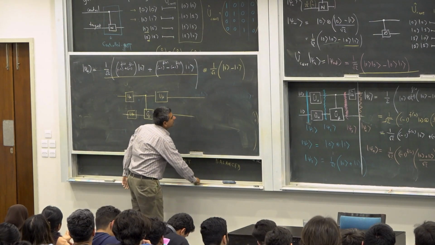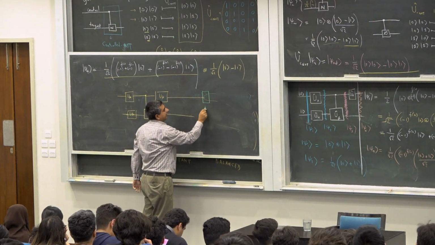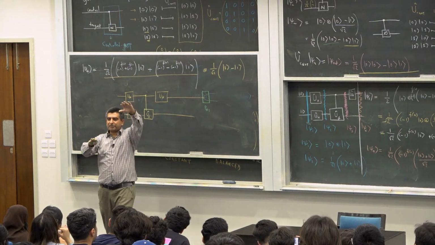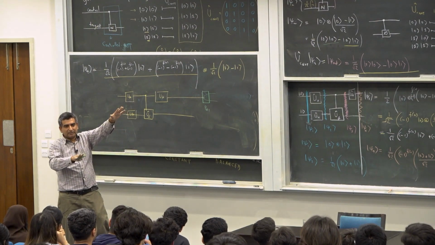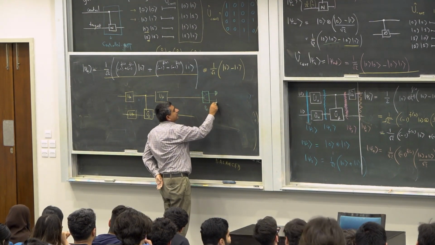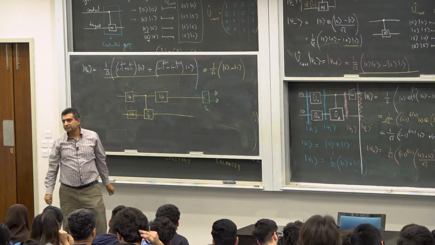If I were to put a kind of beam splitter here, PBS or P01, which splits out ket 0 or ket 1, and if I can tell whether the function is constant or balanced depending upon which detector clicks, is that possible?